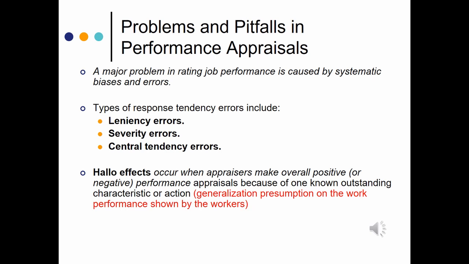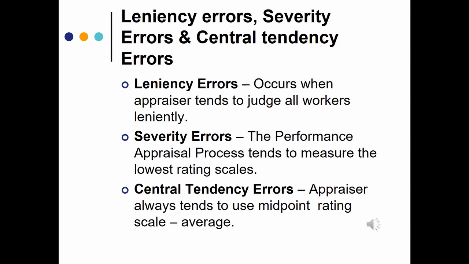The leniency pattern can also be seen across ratings of different people. Halo effects occur when appraisers make overall positive or negative performance appraisals because of one non-outstanding characteristic or action. In this slide, we can see the details of the differences between leniency error, severity error, and central tendency error.